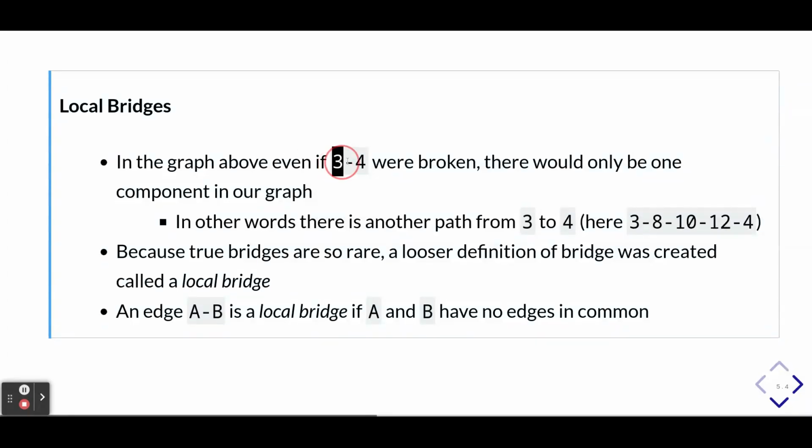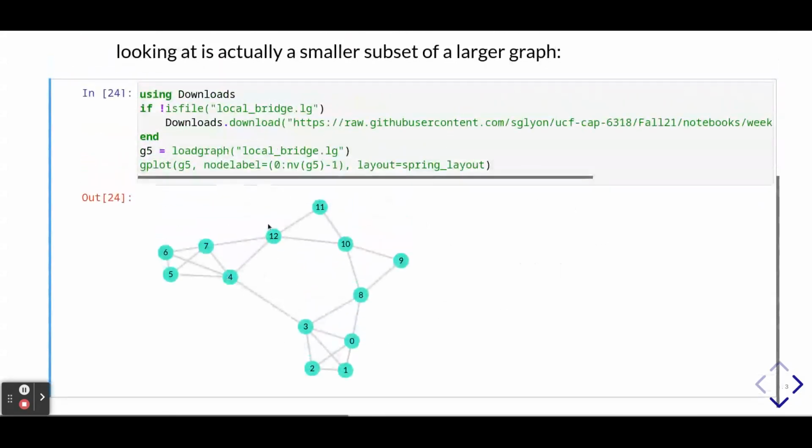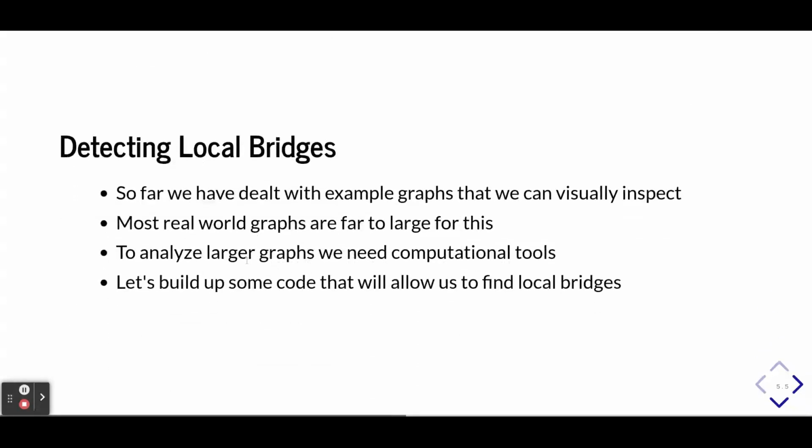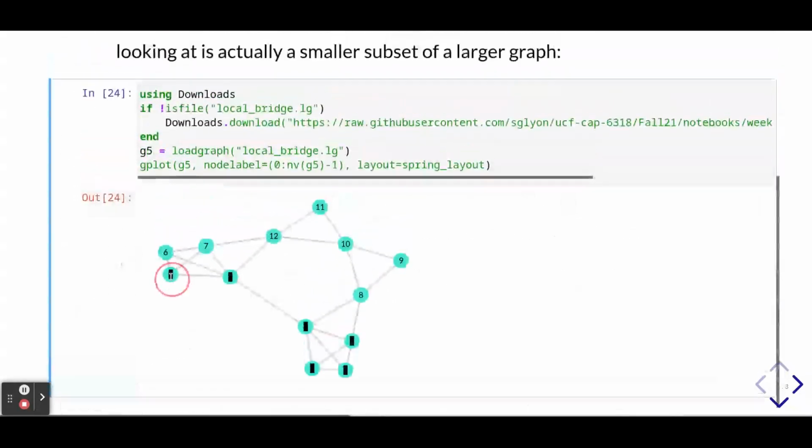Even if we were to break that edge 3, 4, and in our larger graph, so thinking back to this larger graph here, suppose we delete this edge from 3 and 4. Well, there's still a single component in our graph, meaning from any node, we can reach all other nodes.